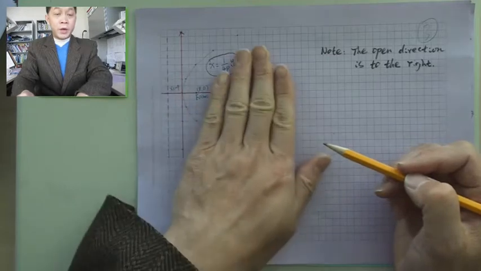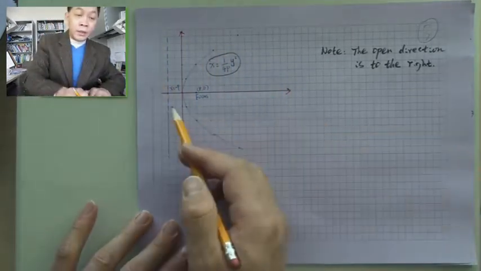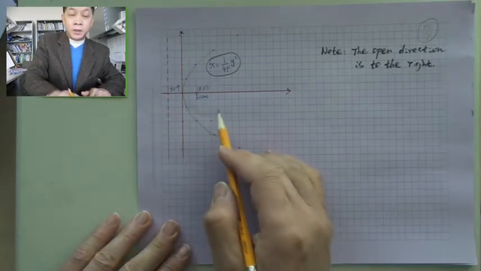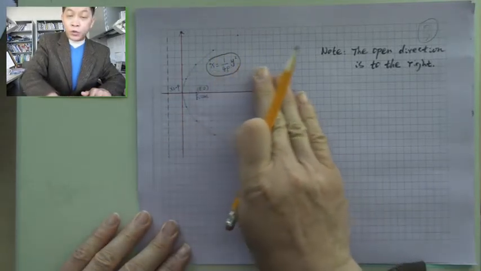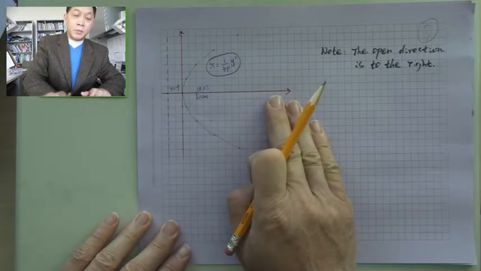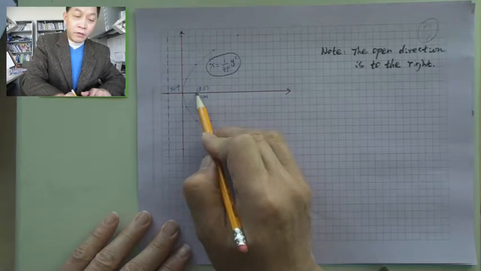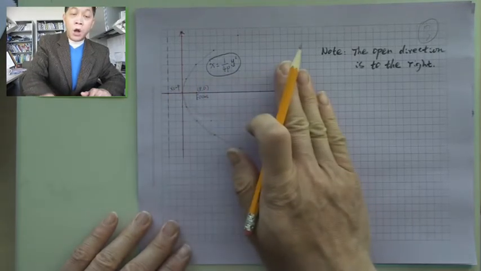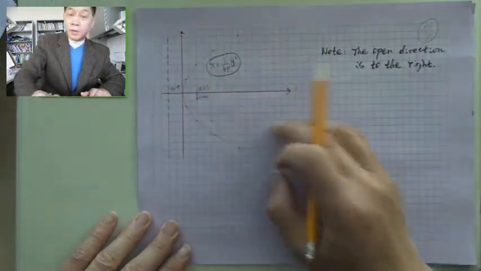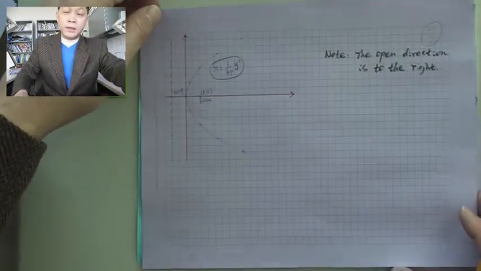Again, you may put this parabola like that. Then the open direction will be to the left. And in this case, the open direction is to the right. The open direction is very important because it tells you the focal point, the focus, is also all the time inside the parabola, and the vertex is on the other side.